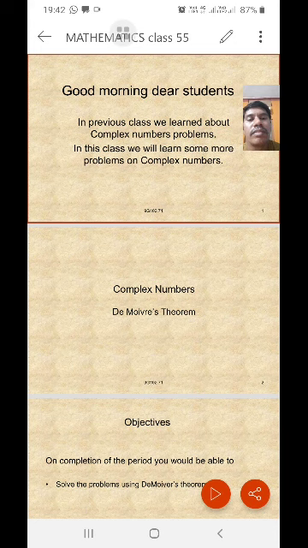So before doing the problems, first read the properties and formulas, then observe the example problems in the textbook also, then do the exercise problems.